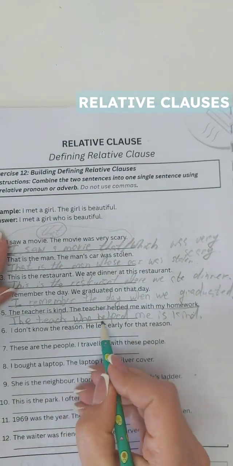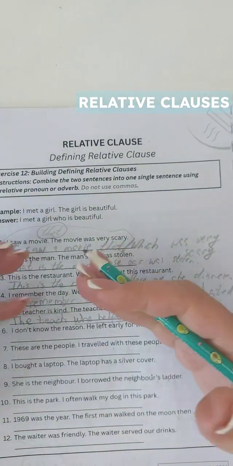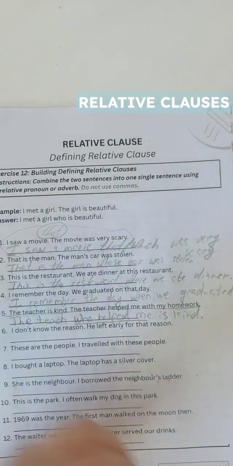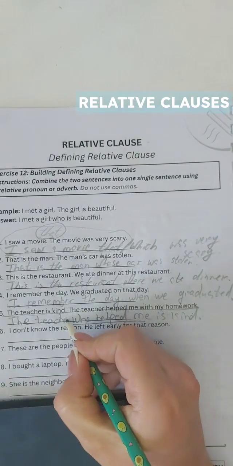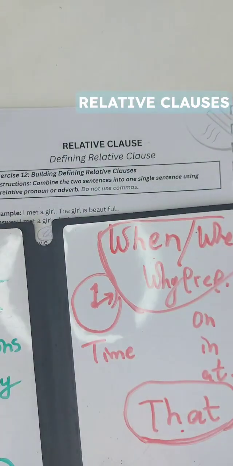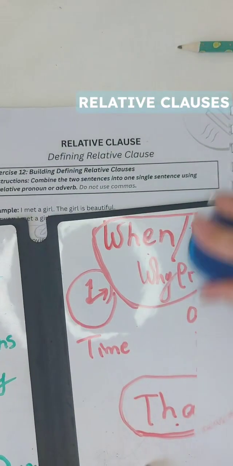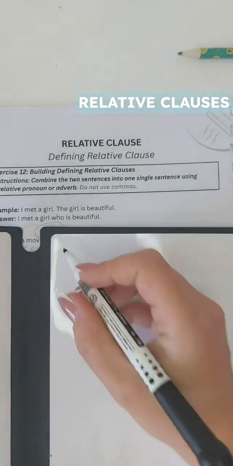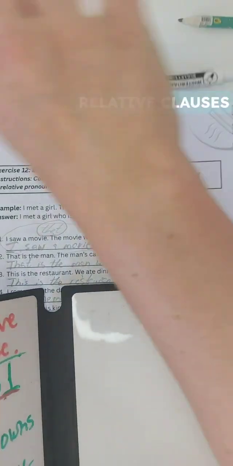The teacher who helped me. So maybe there are lots of teachers. For example, why we should follow the certain structure. The teacher.